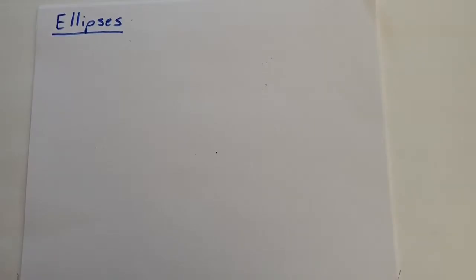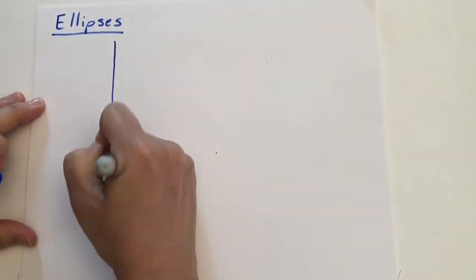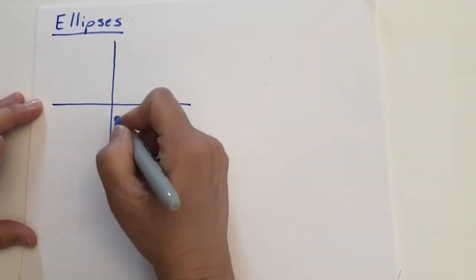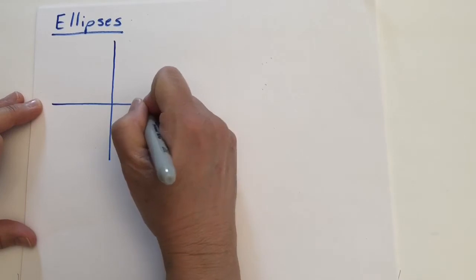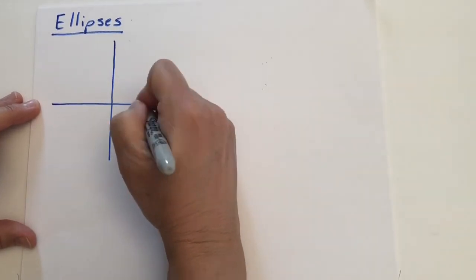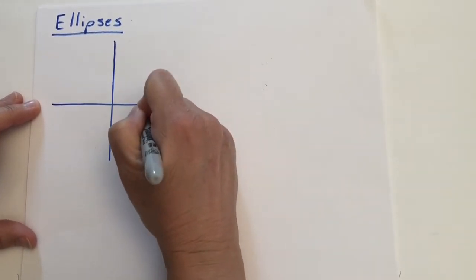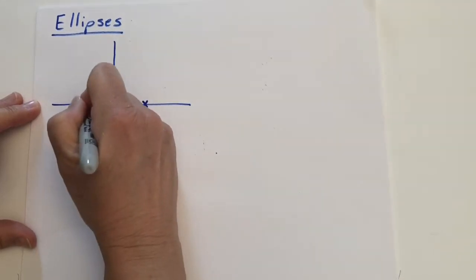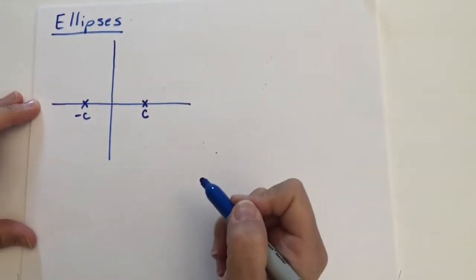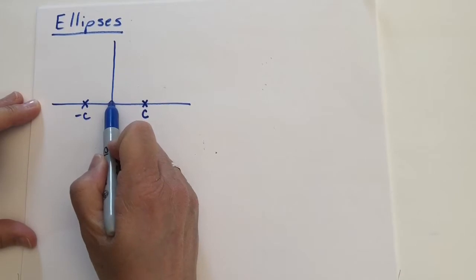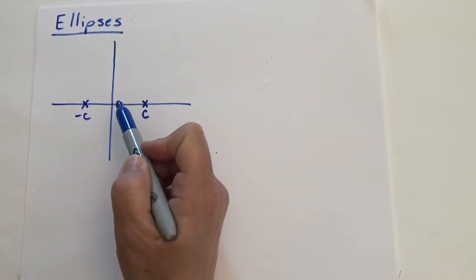So I'm going to orient the ellipse this way on the Cartesian coordinate plane. And I'm going to put the foci, that's plural for focus, here at c and at negative c. So the center for our ellipse will be at the origin.